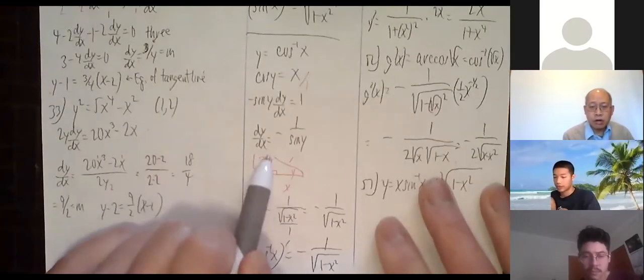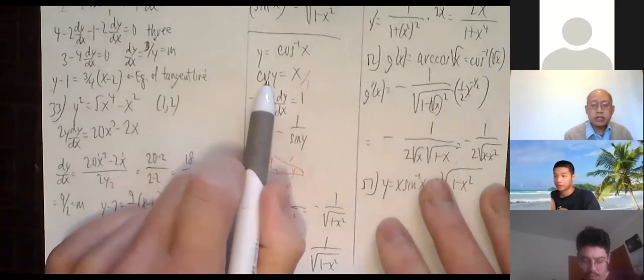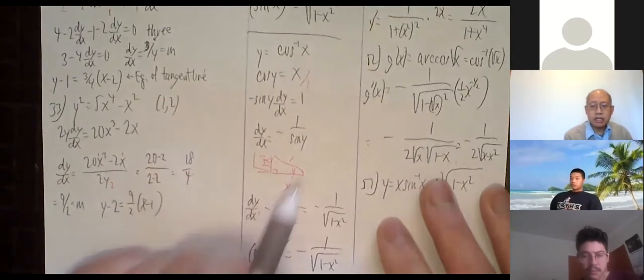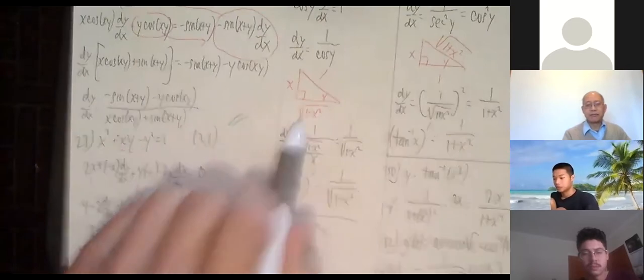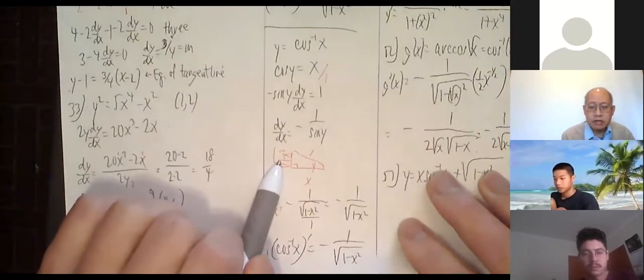Again, I draw myself a triangle. The angle is y. Cosine is adjacent over hypotenuse, so I put x for the adjacent, 1 for the hypotenuse. And that makes this side square root of 1 minus x squared. The triangle is almost the same as this. Do some a squared plus b squared equals c squared. This is radical 1 minus x squared.